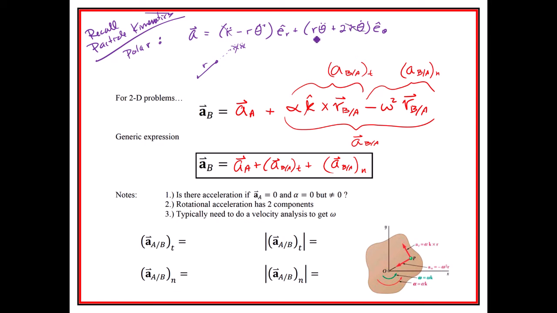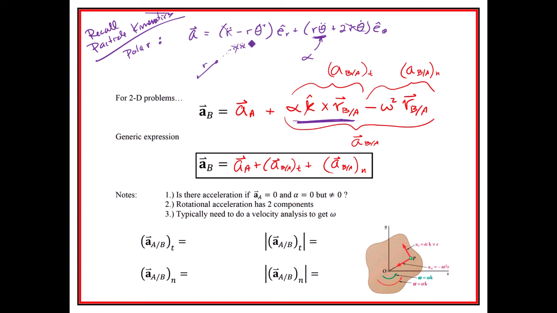So what we have is R theta double dot, which is in essence going to be this. Remember, theta double dot is the same thing as alpha. You can tie that back into the particle: R theta double dot is the angular acceleration times that relative position vector.